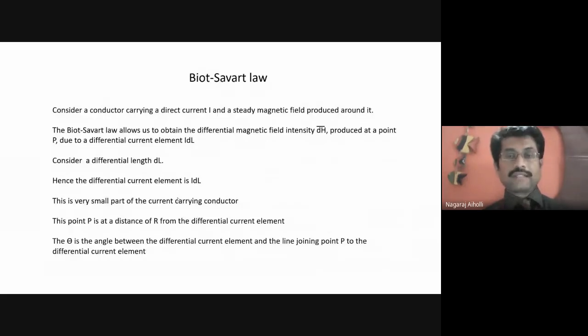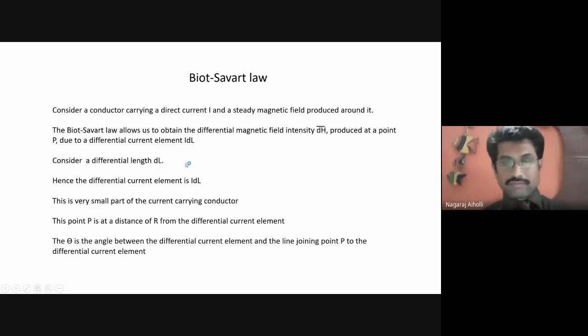The Biot-Savart law allows us to obtain the differential magnetic field intensity dH bar, that is, how much is the magnetic field intensity at a point P due to dl.